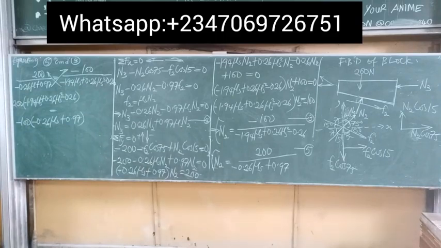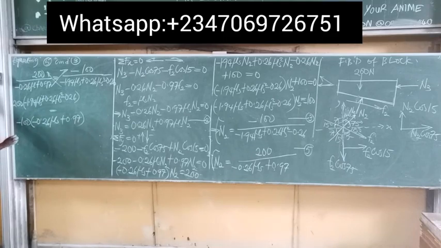To make it easier, instead of expanding the bracket by 100 or 200, I will divide through by 100 so that the bracket doesn't look too big. 200 divided by 100 gives me 2.